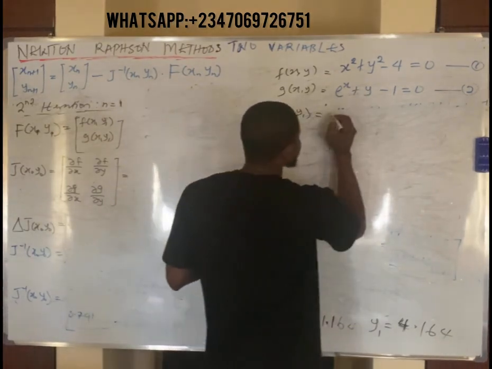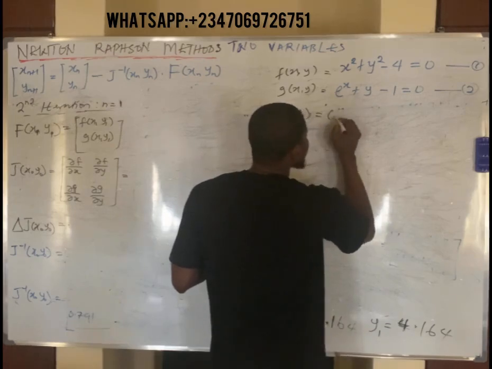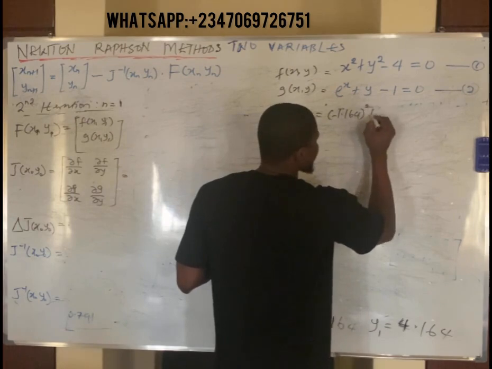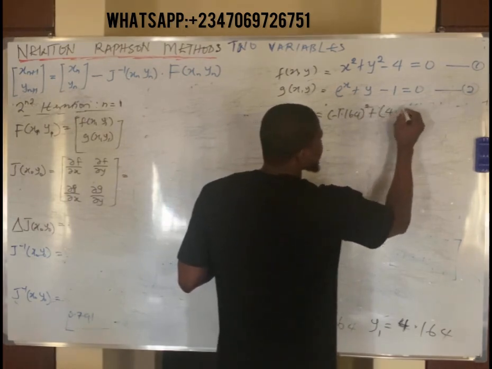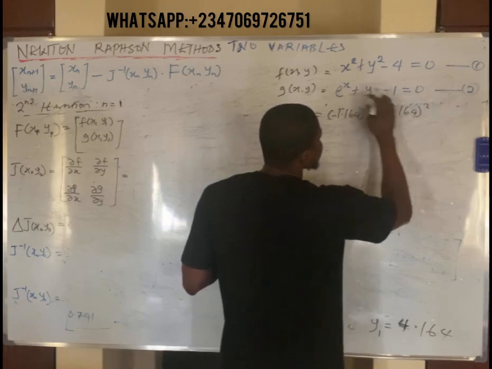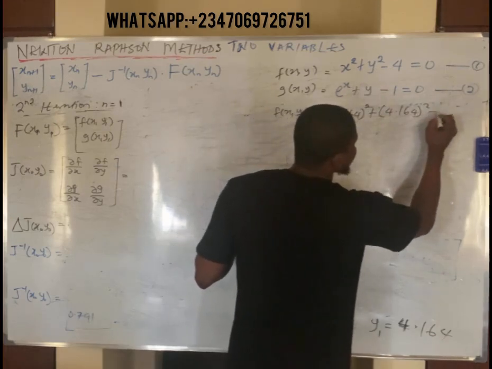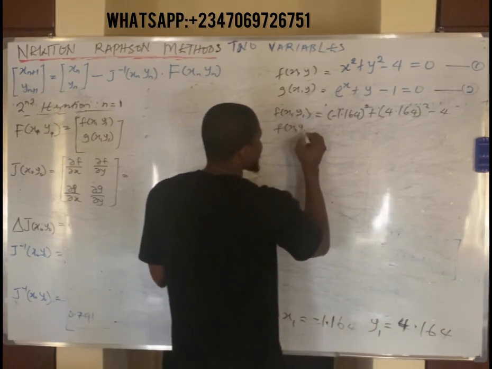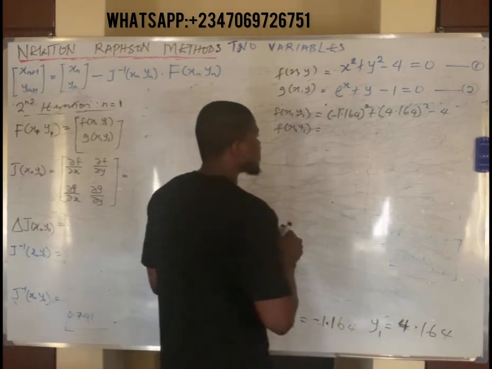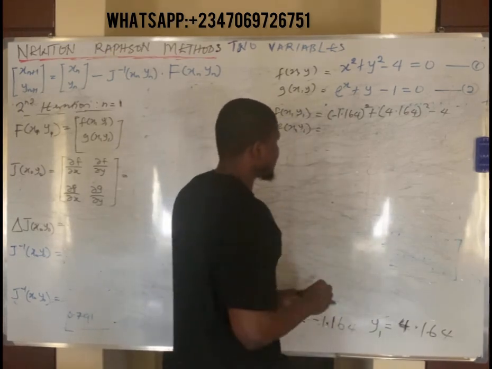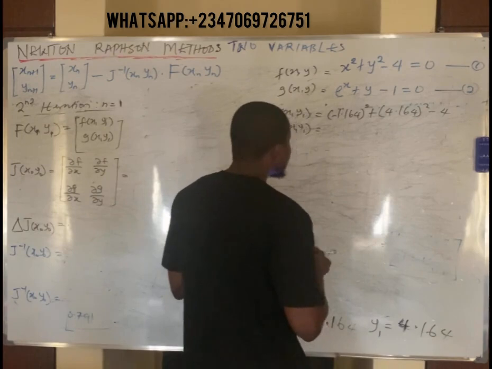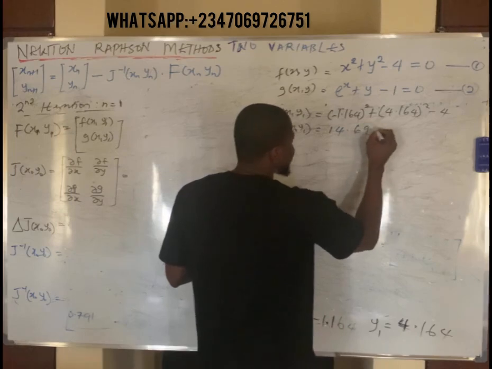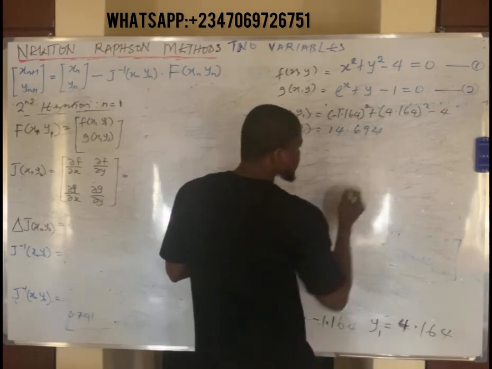So we have negative 1.164 squared plus 4.164 squared, that is for y squared, minus 4. So let's see what f of x1, y1 gives to us. Let's punch everything together. So everything gives us approximately 14.694.